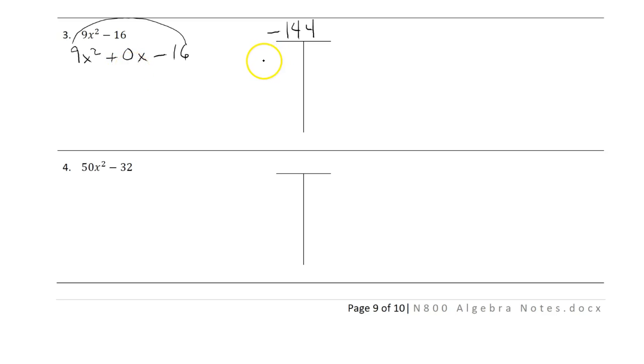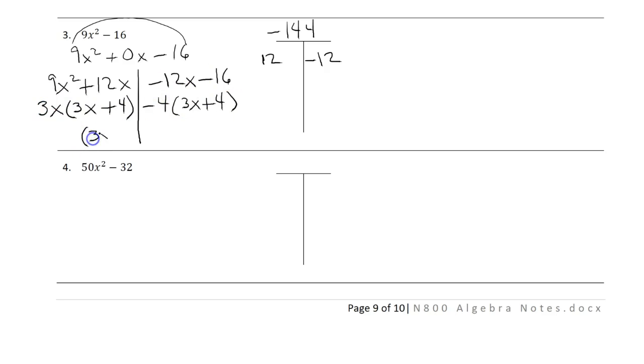I notice that 12 and negative 12 multiply to negative 144 but add to 0. 9x squared plus 12x minus 12x minus 16. Now factor by grouping. The final answer is 3x plus 4 times 3x minus 4.